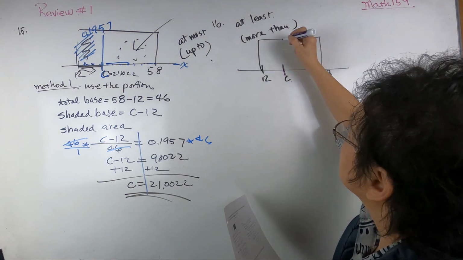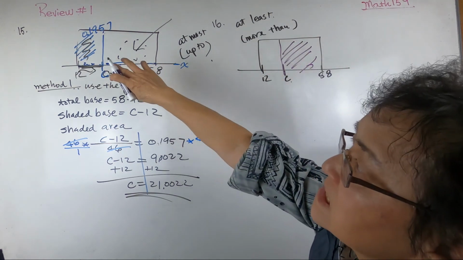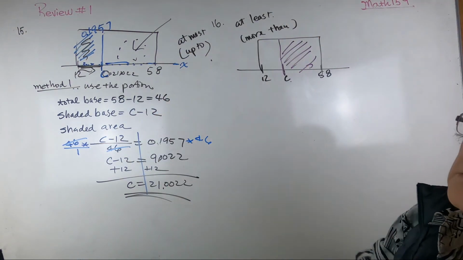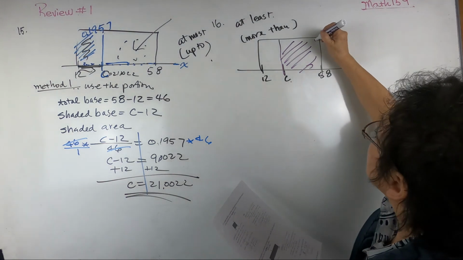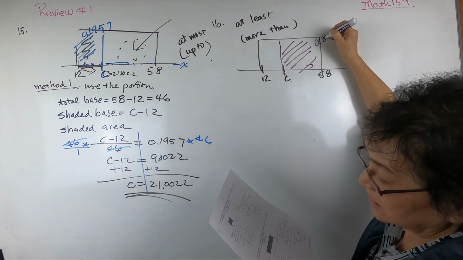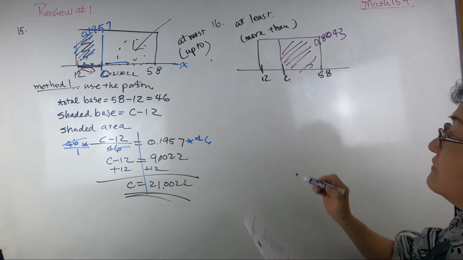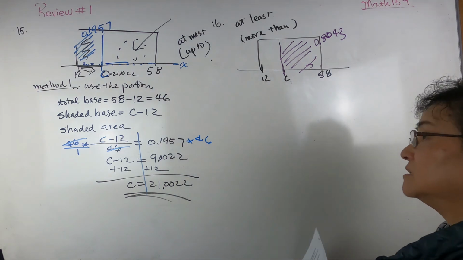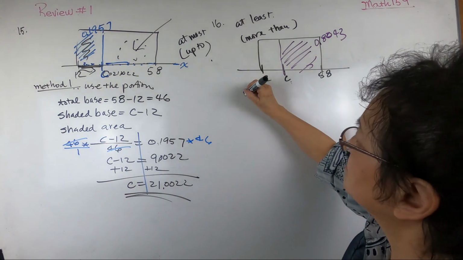At least means more than. It's this portion. It's not on the left-hand side, it's on your right-hand side. So what do you need to do? Okay, I just use method 1.